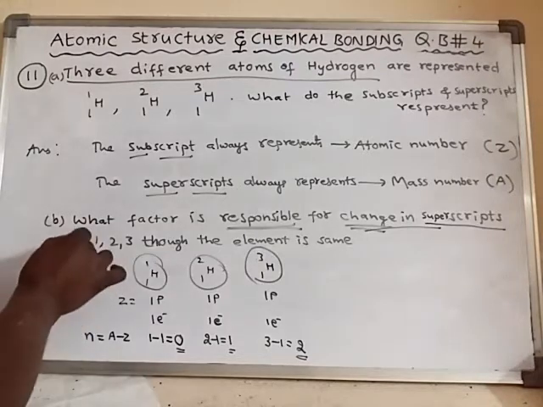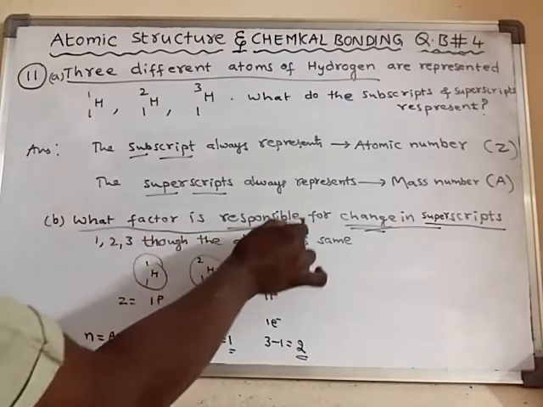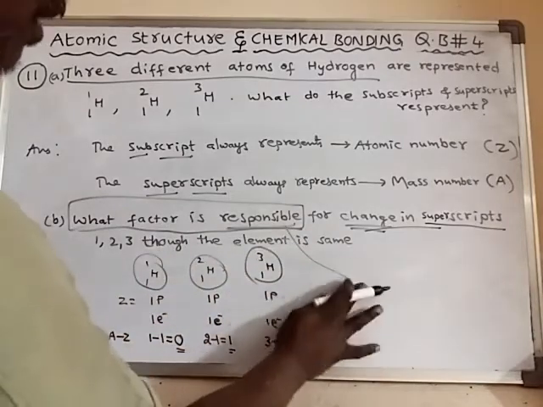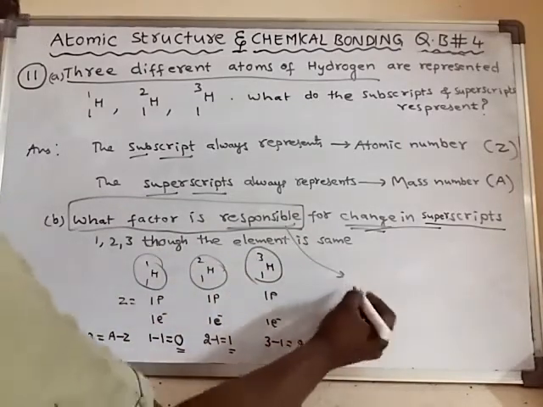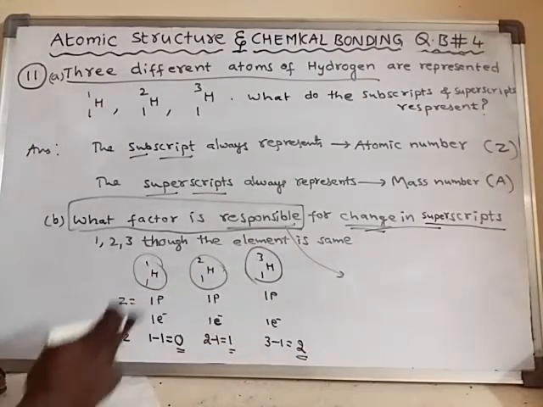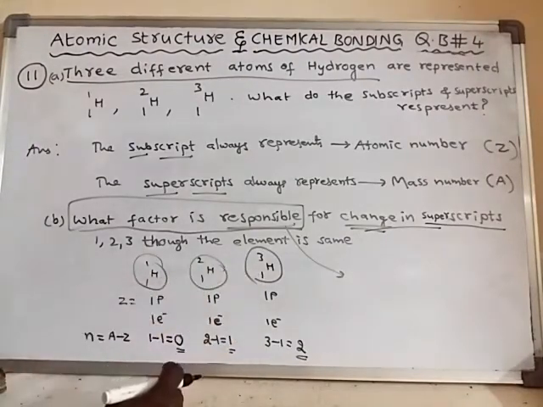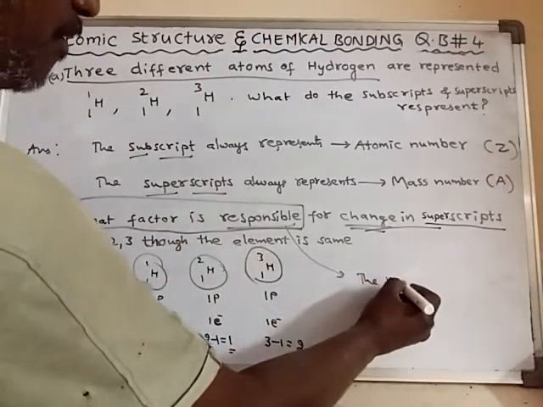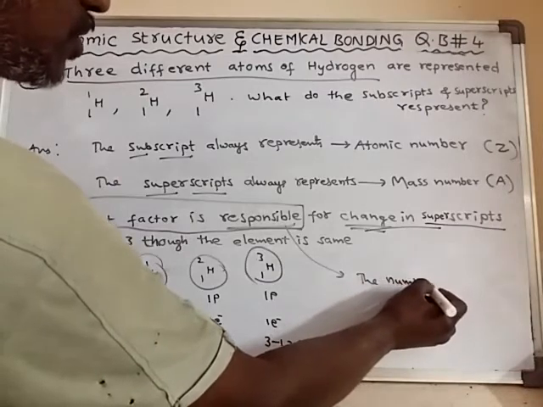So what is the reason? Which factor is responsible? Here the factor responsible is the number of neutrons. Because they differ in the number of neutrons, they are said to be having different subscript. There is a change in subscript because they have different numbers of neutrons. What factor is responsible? The number of neutrons.